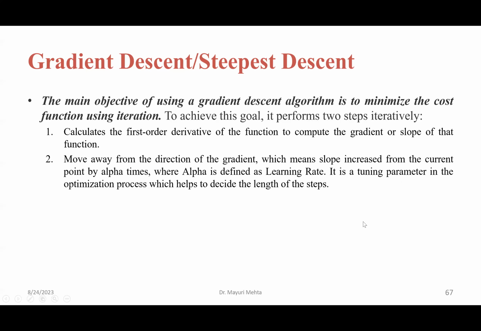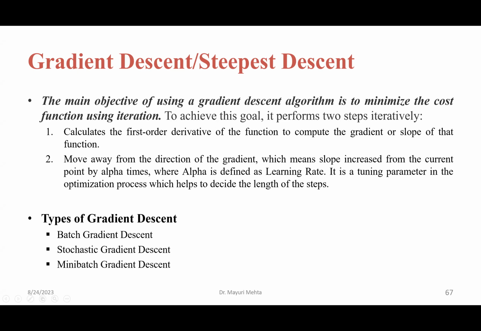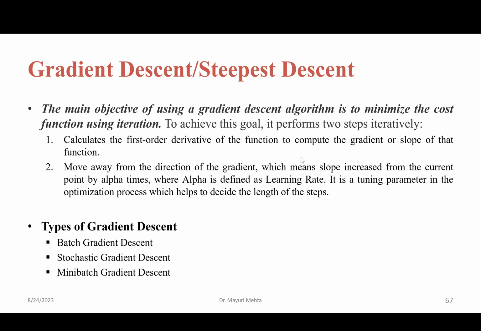But we also have variations of gradient descent. We have three types: batch gradient descent, stochastic gradient descent, and mini batch gradient descent. Let's see how they differ from each other, and what the difference is between simple gradient descent and these variations.